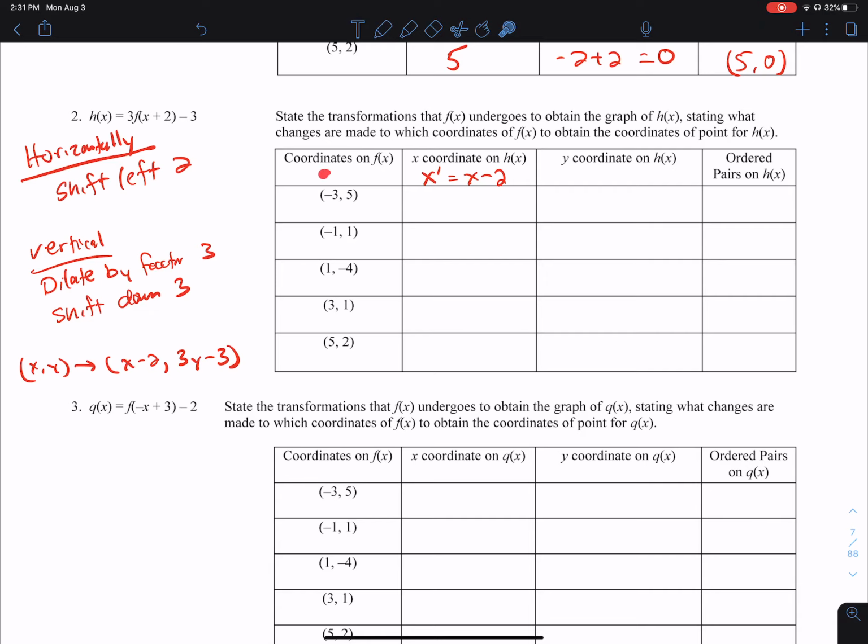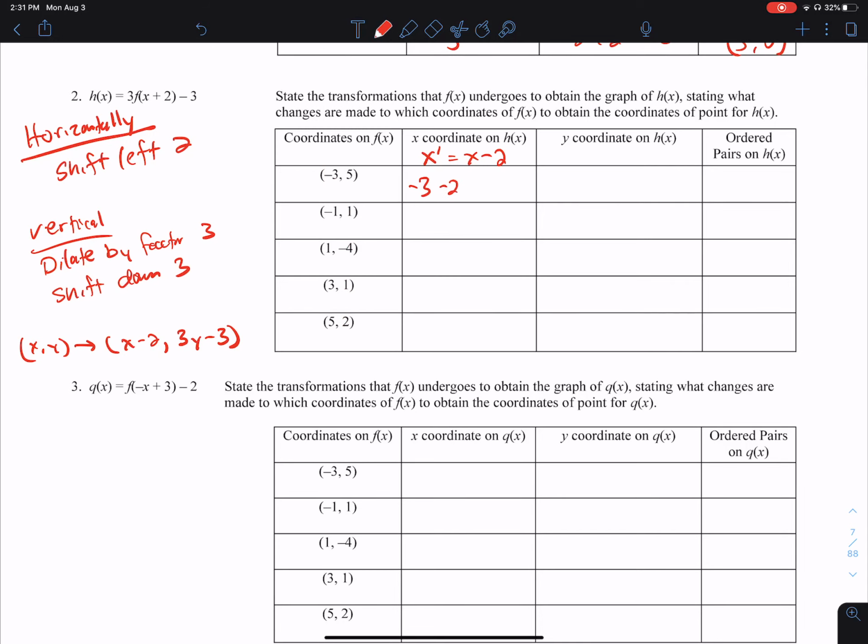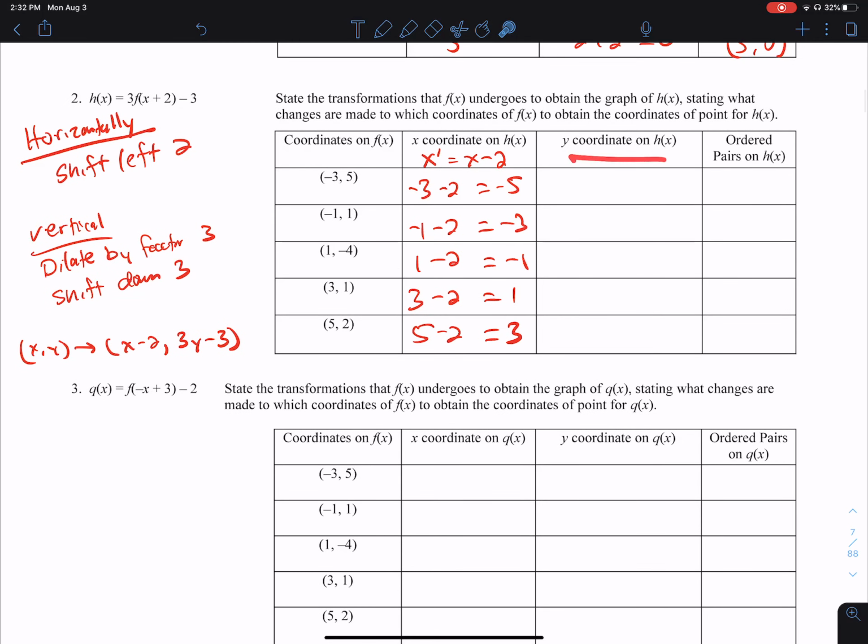So if I subtract 2 from each of these, I'm going to have -3 minus 2, -1 minus 2, 1 minus 2, 3 minus 2, 5 minus 2. It's going to be -5, -3, -1, 1, and 3. For my new y value, y prime, it's going to be the original y times 3 and then subtract 3.